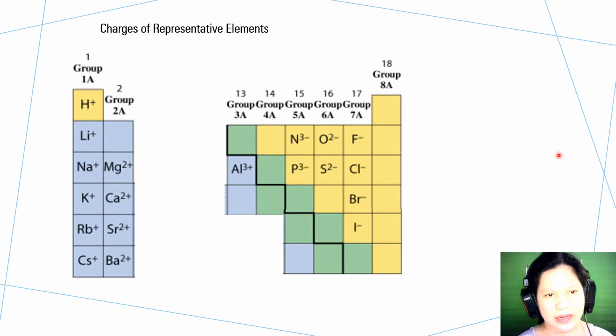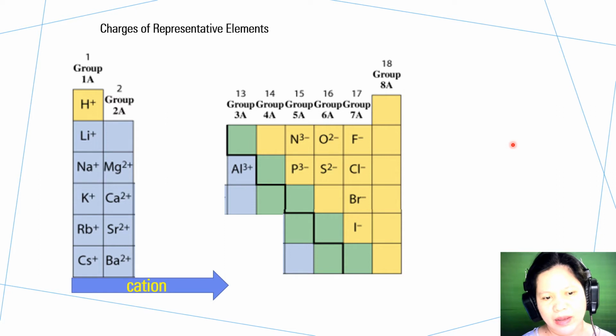So these are the charges of some representative elements. You have group 1, group 2, and group 3. Most likely they are known as cations. Group 1, all of them have a charge of +1. Group 2 has a charge of +2, while group 3 has a charge of +3.